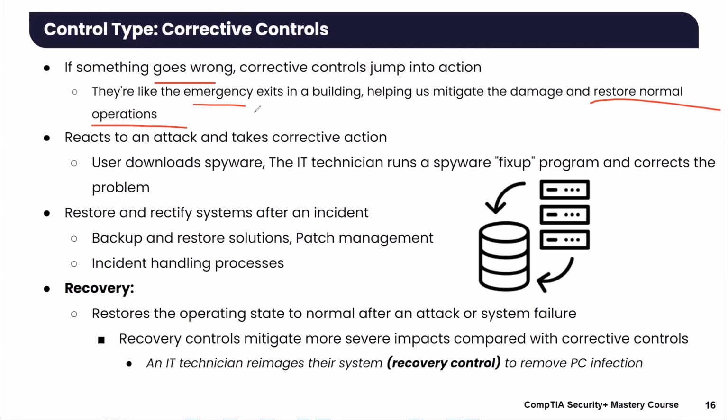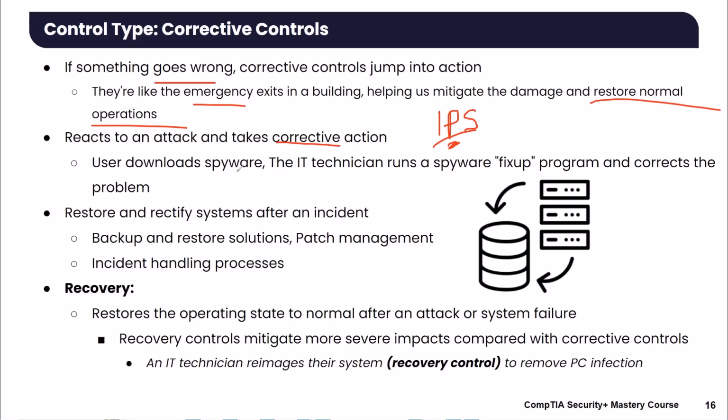We're trying to correct the fault, stop the bleed, stop the attack from moving forward. It's reacting to an attack and takes some kind of corrective action. Intrusion prevention systems absolutely come to mind. It's going to prevent the attack from moving forward.